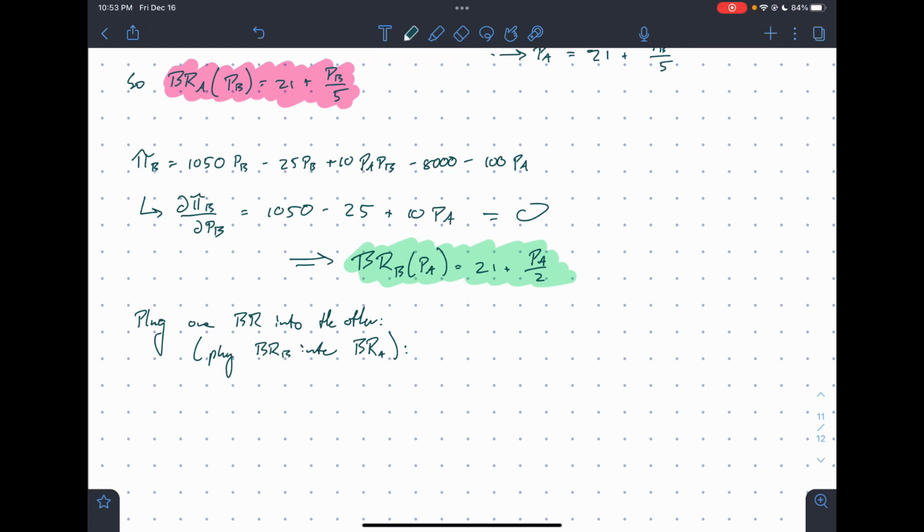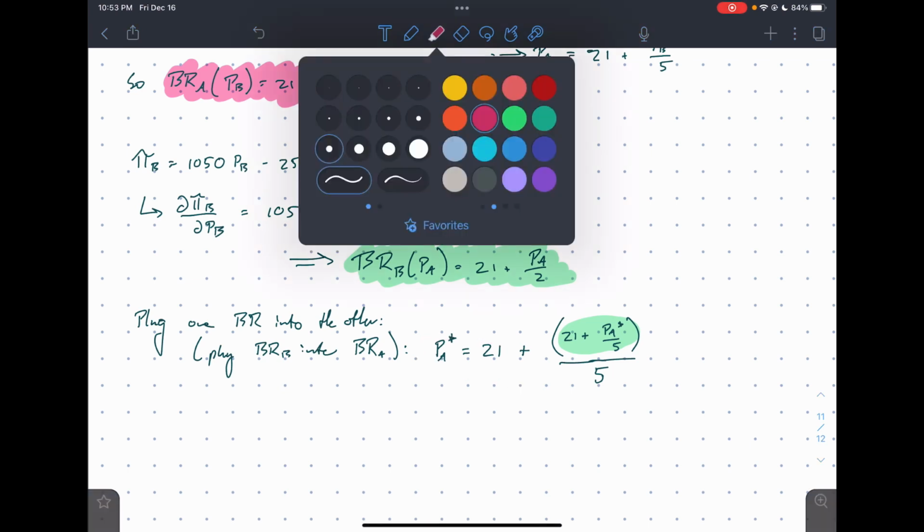So we must have that PA star in equilibrium is the best response of firm A to the price set by firm B. So it's going to be 21 plus PB over 5. And then firm B has to be playing 21 plus PA star divided by 5. Again, this is the best response of firm B. And this whole thing is the best response of firm A.